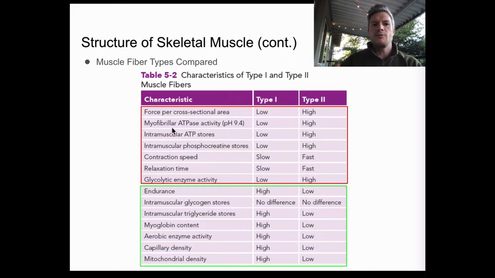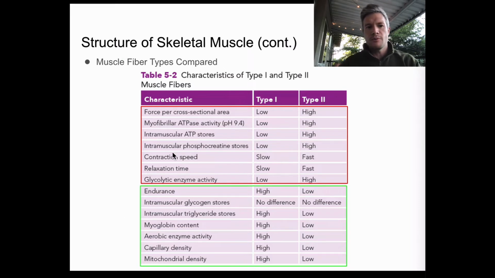We don't speak too much about myofibril ATPase activity per se, but all these other components that I box in red are things that type 2 muscle fibers, the anaerobic or big force producing fibers, have in high quantities or produce quickly, whereas the green box is geared more towards all the adaptations or preferences that type 1 muscle fibers have in large supply or produce a lot of.